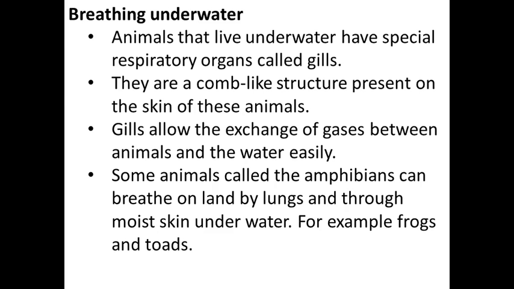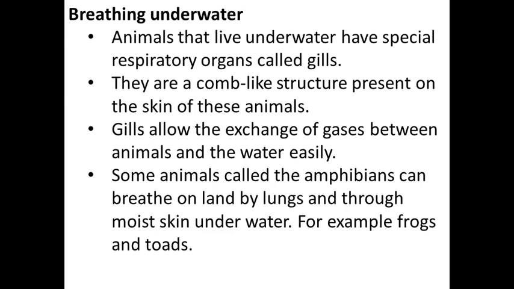The gills allow the exchange of gases between animals and water, so they can breathe underwater with the help of gills. Some amphibians like frogs breathe on land by lungs and through moist skin under water. That also I have given, frogs and toads. Like fish, other aquatic animals like lobsters, prawns, crabs and shellfish breathe through gills.